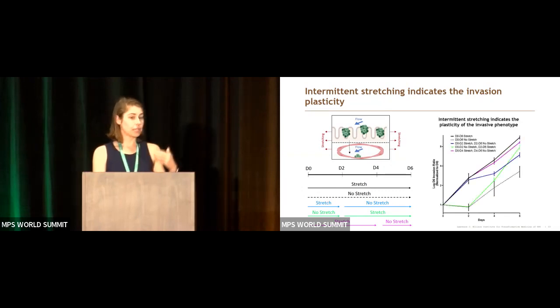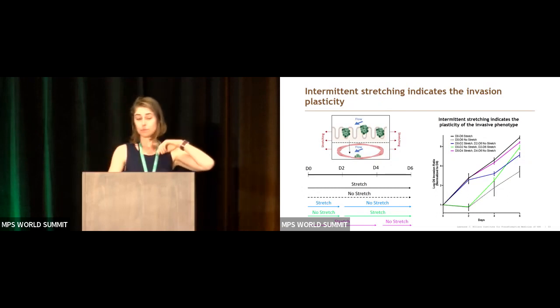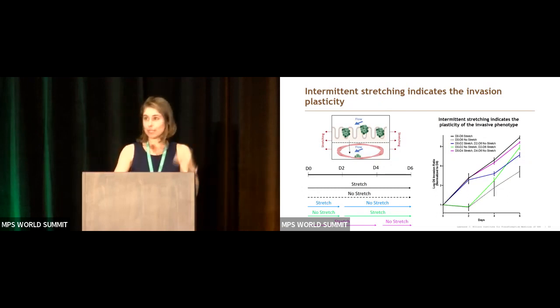And we can look at the course of the invasion and how these tumor cells are responding. I want you to look at 2 different colors here, the blue and the green. My green chips didn't have stretching at the beginning of the experiment, so we don't really see much invasion. And then on day 2, when we start this stretching, we can see the invasion really increases over the rest of the experiment.